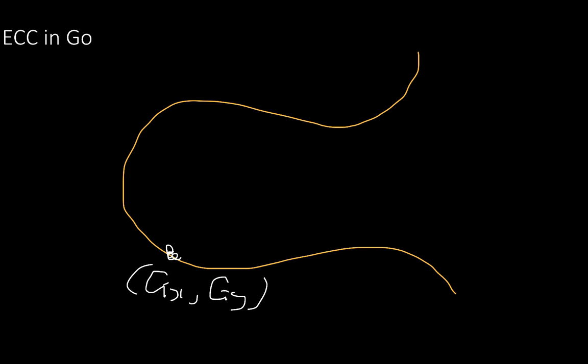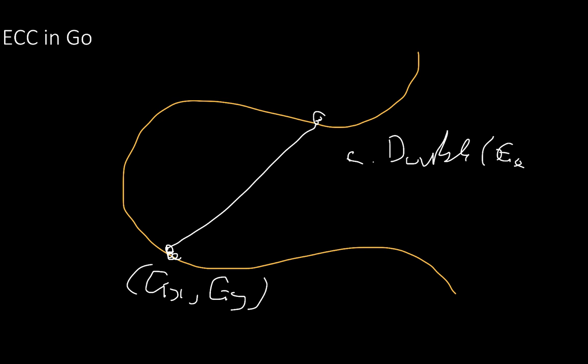So if we want to take a point and double it, then we use a method c.double, and we'll take our x point and our y point, and it'll create a doubling effect. And this way we can very quickly double, double, double, and so on.